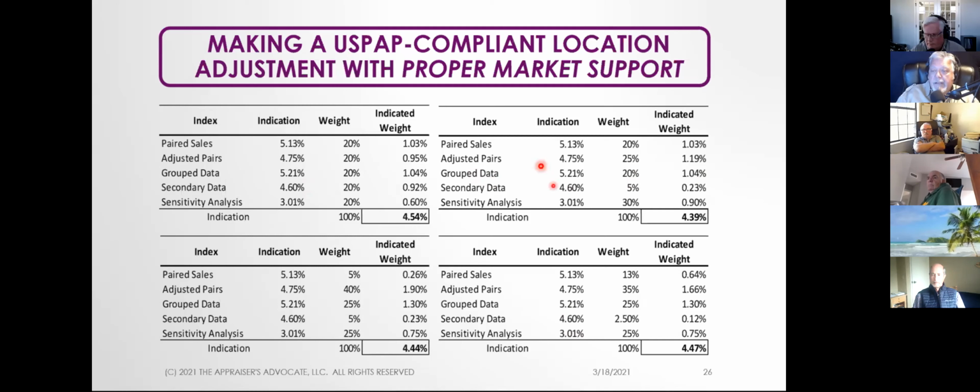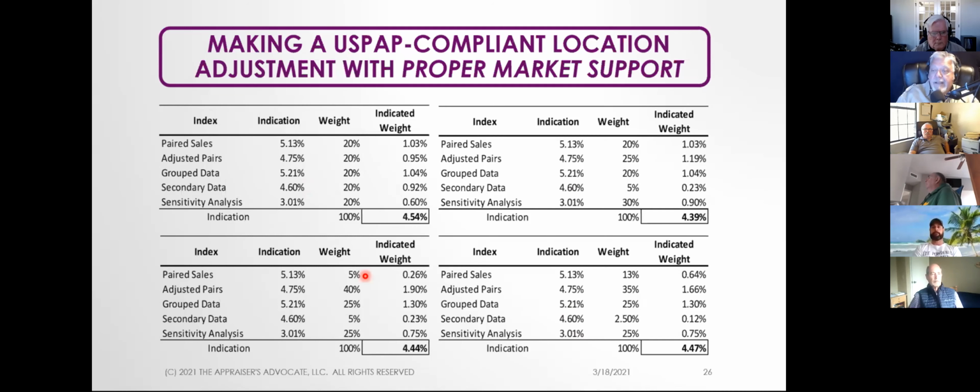Now, does everybody see the math? In other words, we took 5.13%, which was the indication from paired sales, multiplied it by 20% to get 1.03%. And then 4.54 is nothing more than the mathematical total of that column. Everybody, any questions on that?